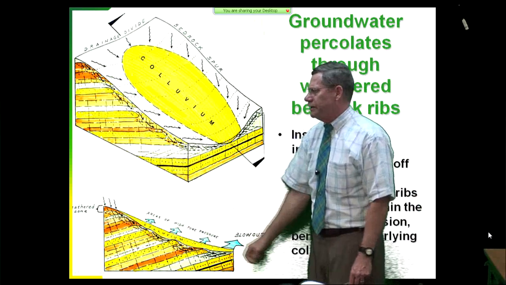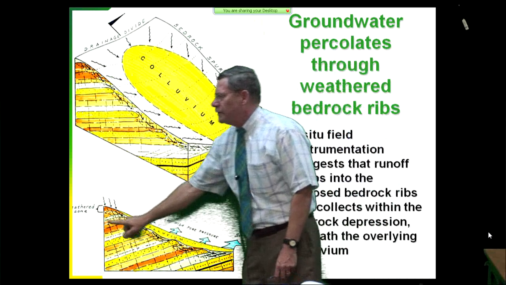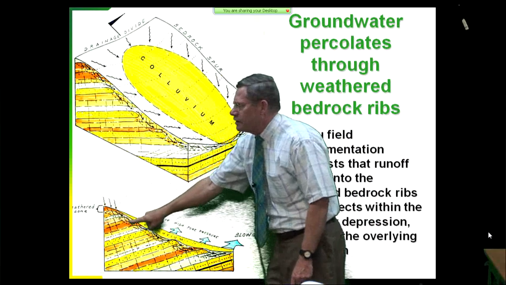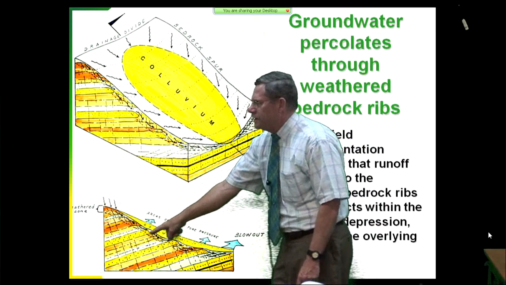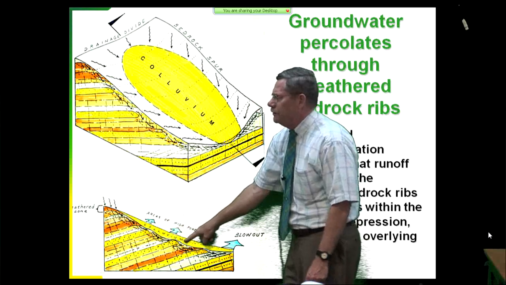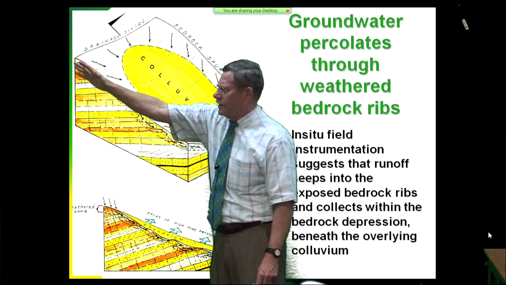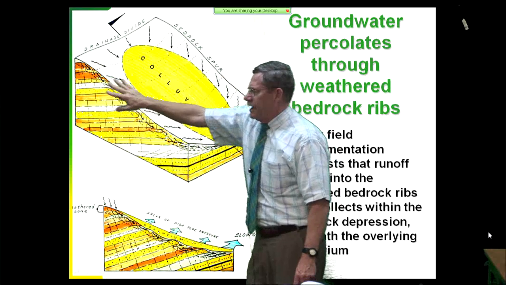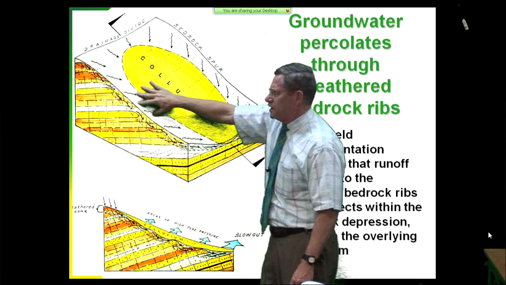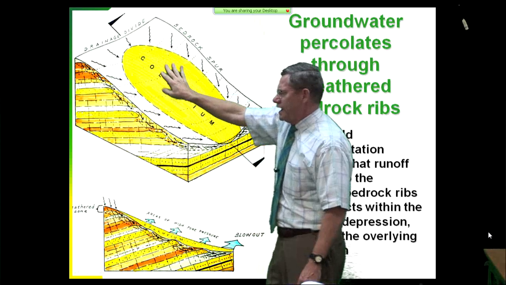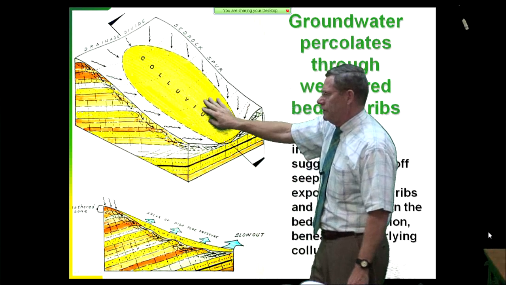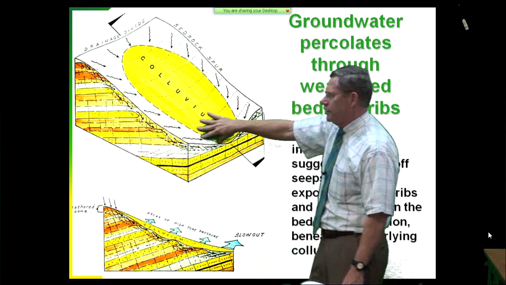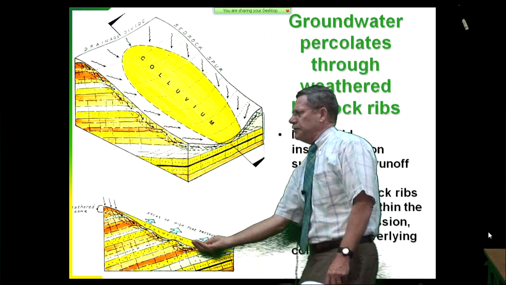Now, what I want you to see here are several things. One, the seepage is going to occur in the bedrock creep zone underneath the colluvium. So the water's going in over here on the bedrock ribs. It's percolating into the ground, and then it's following these arrows. It's accreting towards the axis of the colluvial-filled bedrock ravine, and it's building up underneath.